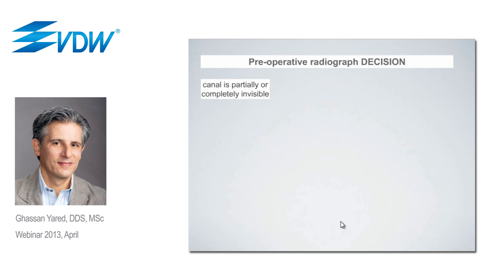If the radiograph shows that the canal is partially or completely invisible on the X-ray, then we assume that the canal is narrow, and this is a case where we would do the preparation with the R25, with the Reciproc 25. I'll give you examples later.